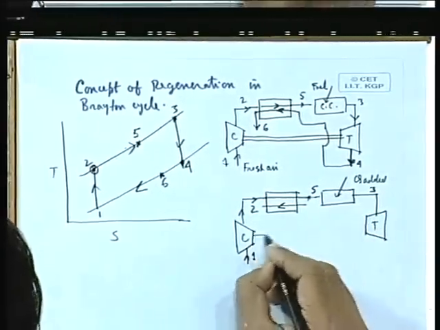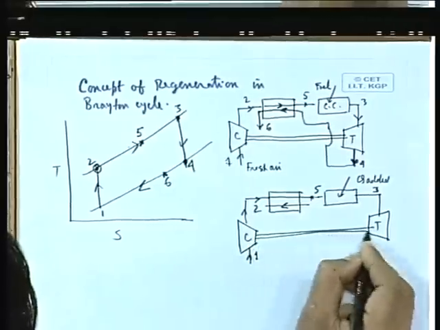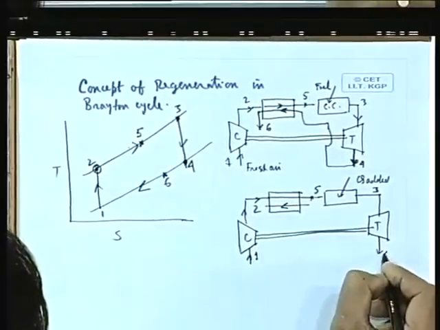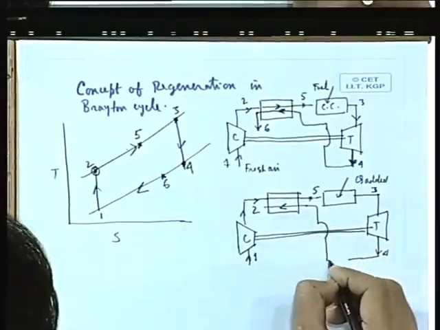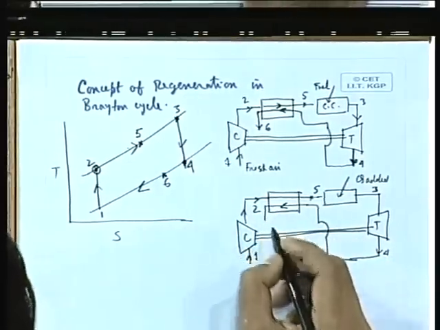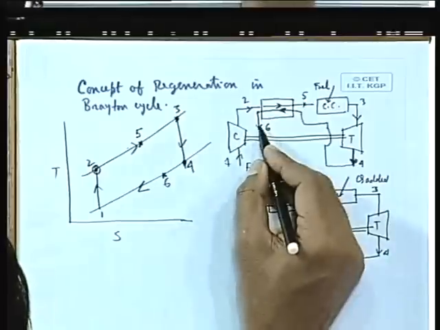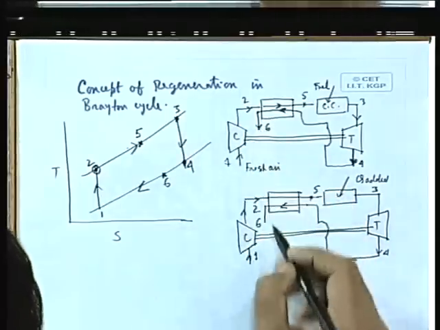Well, they are connected by the same shaft, I must show. Then from the turbine, this hot gas 4 is going to heat this, and then it comes at this 6, where 6 is not rejected; in open cycle it is rejected and fresh air is taken.